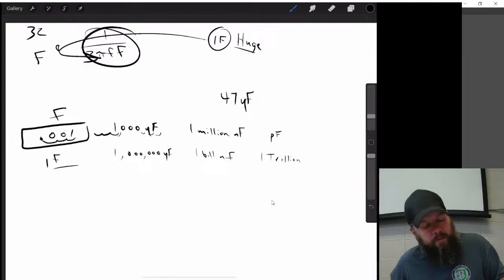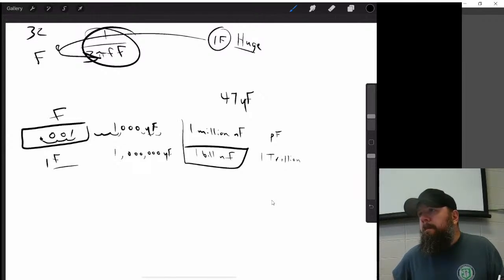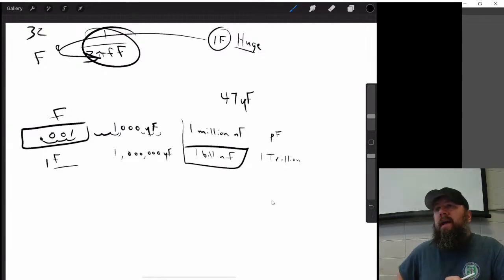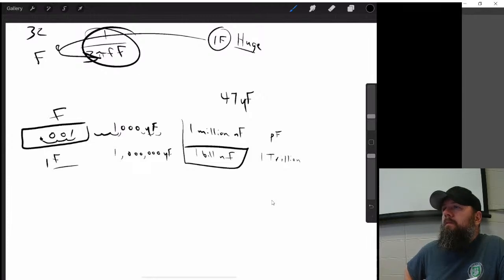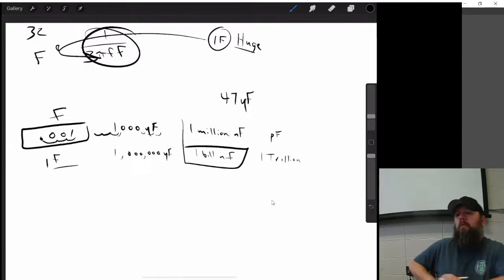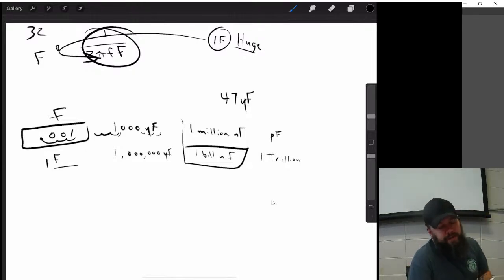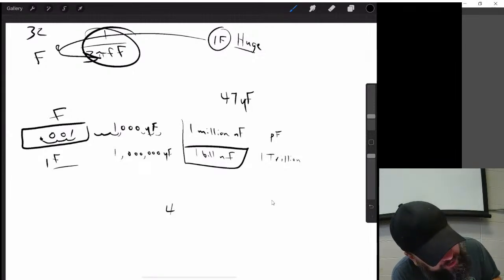The way I remember this, this billion: nano means like a 9. So that's 9 zeros, right? Cool. Micro, I think a million, 1 millionth. All right, so if I give you a 47 nanofarad, what is it equal to in farads?